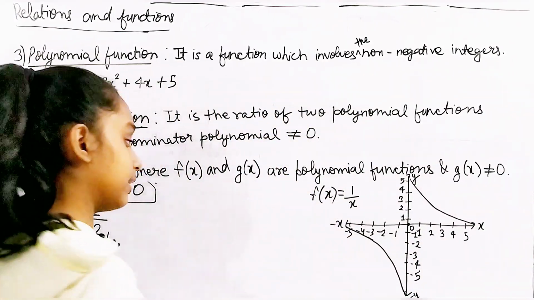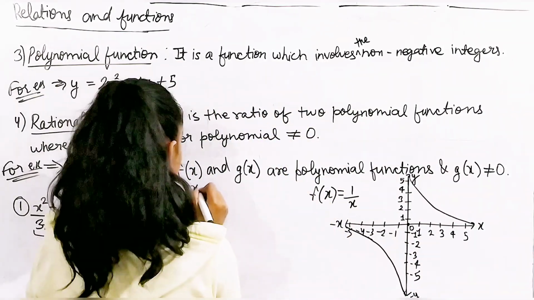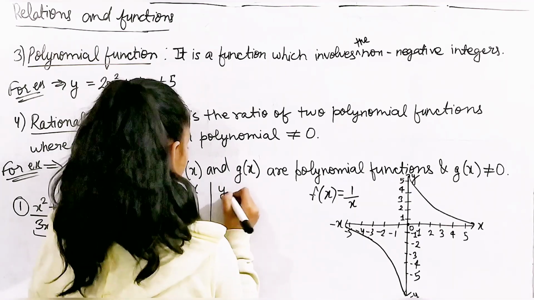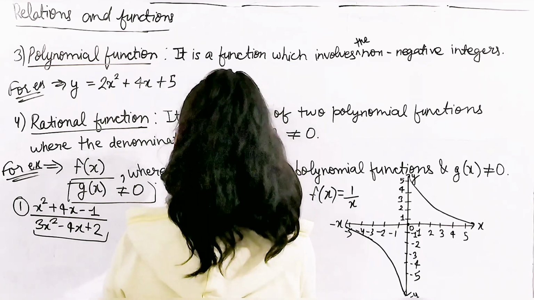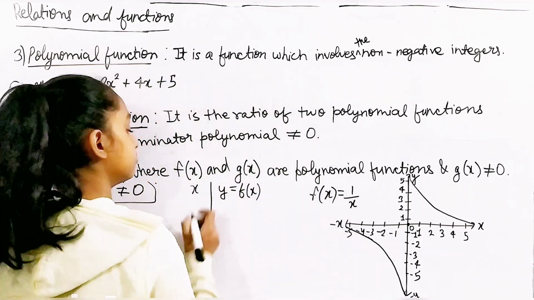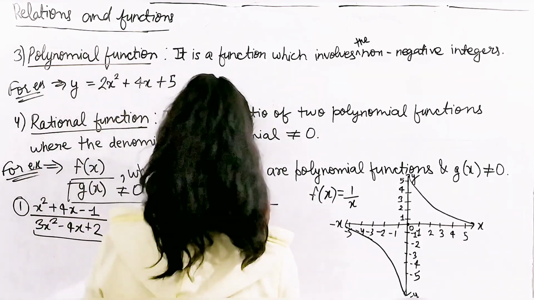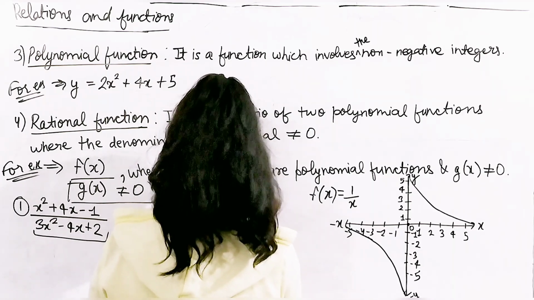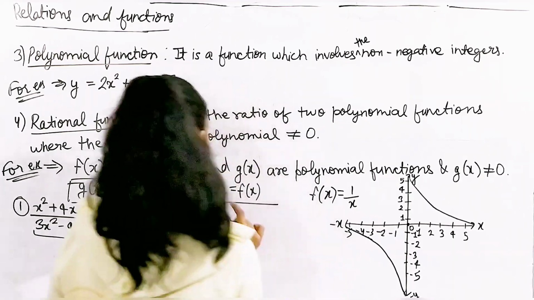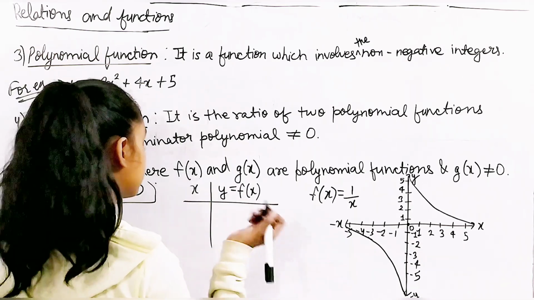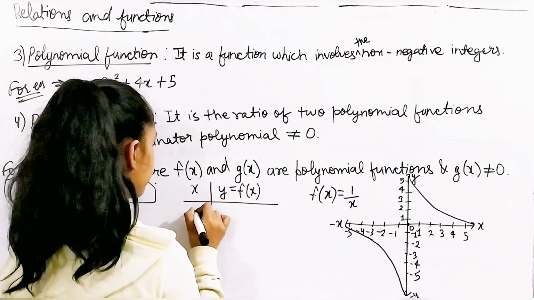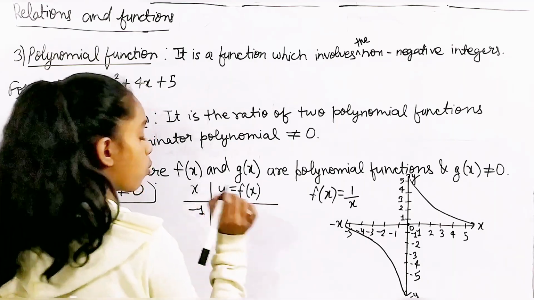So f(x) is equal to 1 upon x. So what does that mean? Let's say that I have x and y, which of course will be equal to f(x). And let's say the value of x is negative 1.